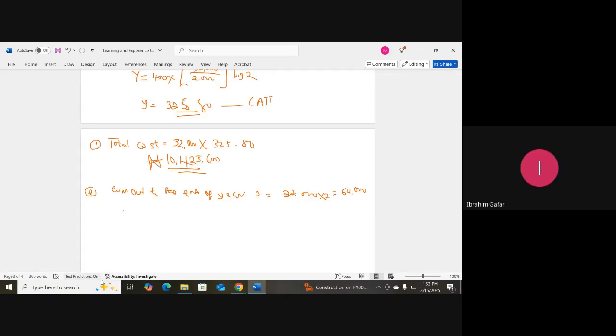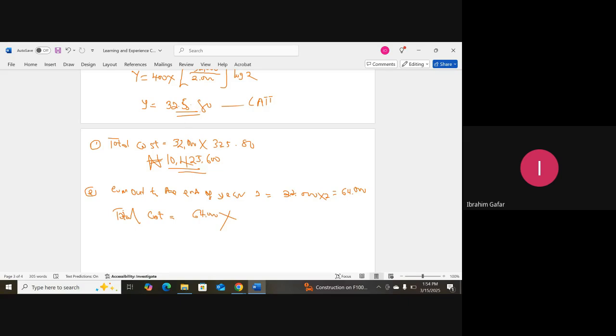So total cost at the end of year 2 will be what? 64,000. Hope you are getting this. Total cost will be 64,000 multiplied by the cat.